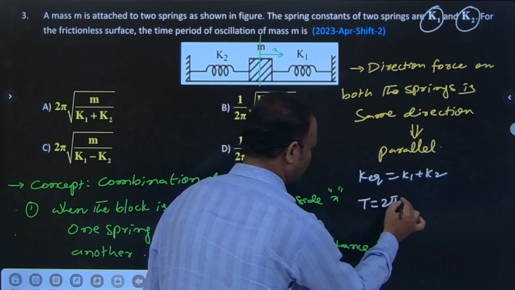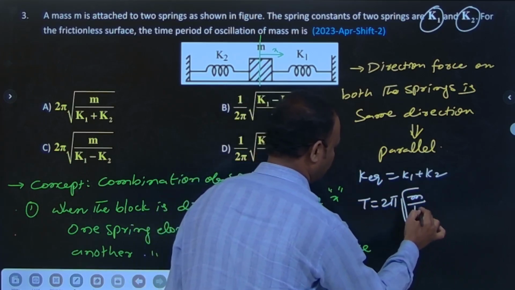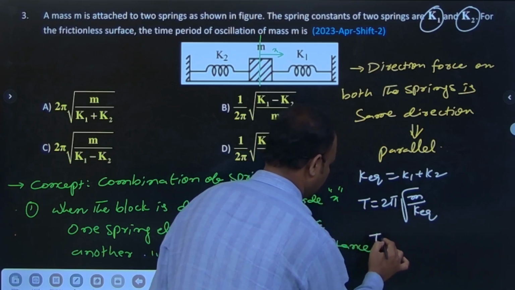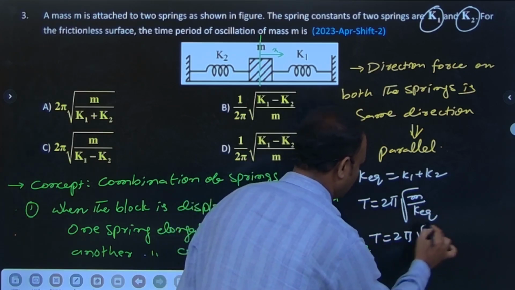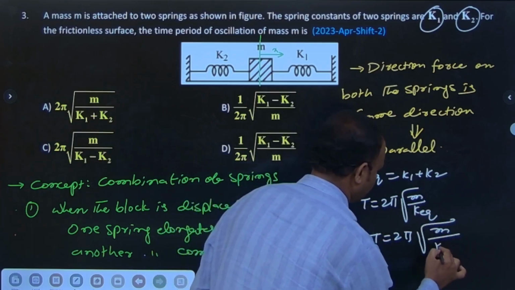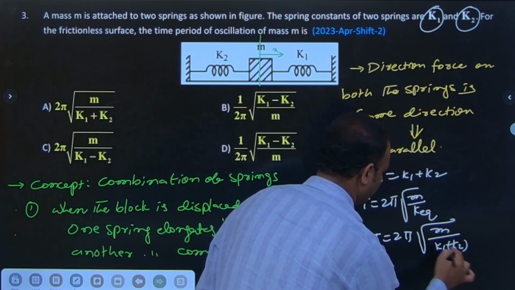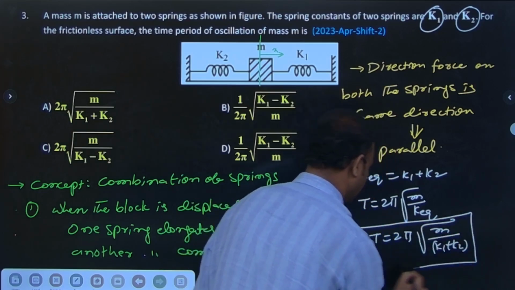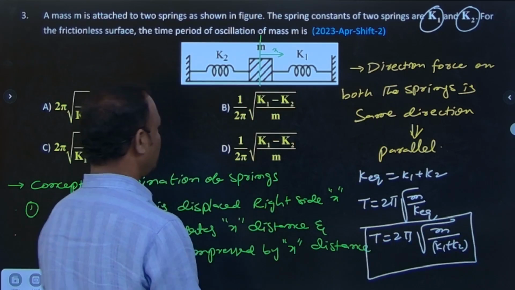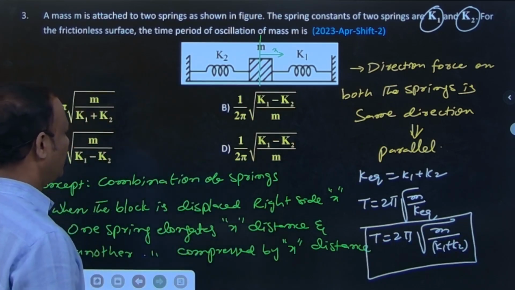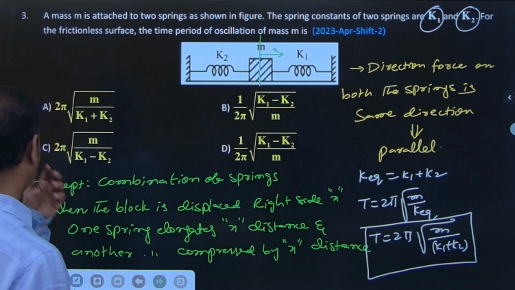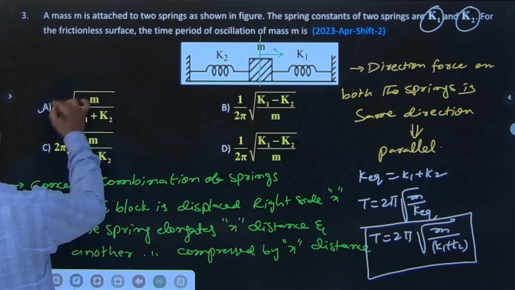T is equal to 2 pi under root of m by K equivalent, which is K1 plus K2. So T is equal to 2 pi square root of m by K1 plus K2. So the answer is first.